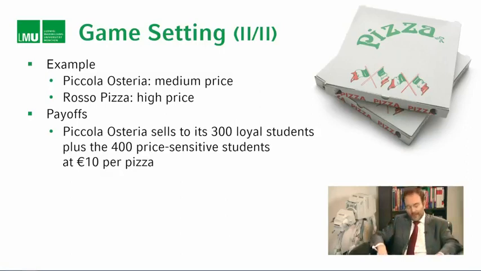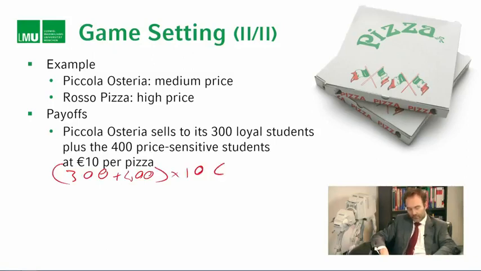And they do that at a price of 10 euros per pizza. So that's 300 plus 400 times 10 euros. That's going to be 7,000 euros.